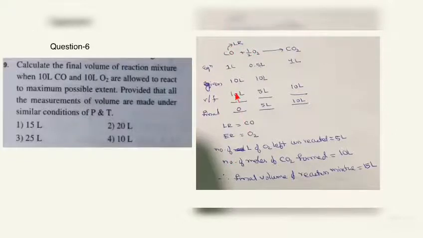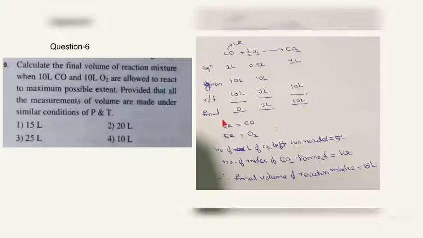Always, a limiting reagent reacts completely, and according to the limiting reagent only product formation takes place. So here 10 liters of limiting reagent will be completely reacted. This 10 liters reacts with 5 liters of oxygen, and 1 liter gives 1 liter, so here 10 liters gives 10 liters.